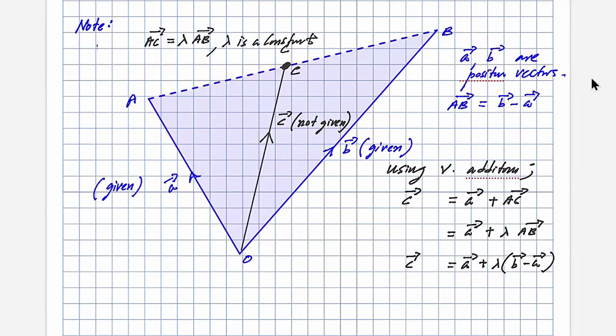Now you can see the way we construct this C vector, which is the unknown vector, right? You will see that this is lambda dependent. Why? Because of this. When you are changing lambda, you are changing the location.